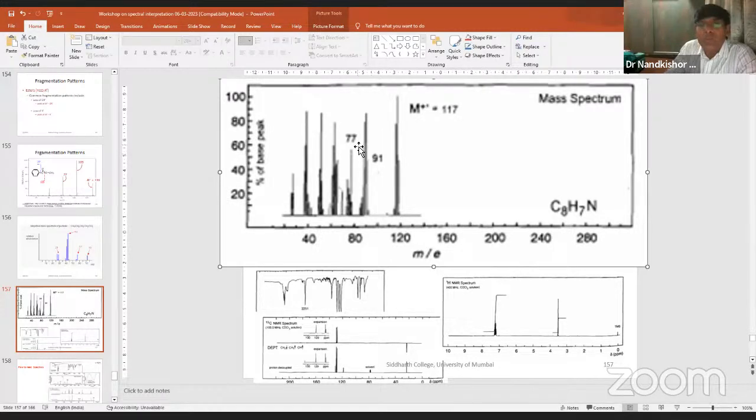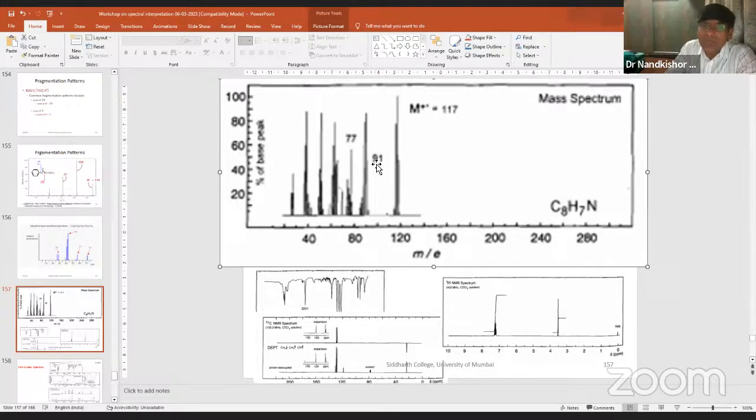There are two prominent peaks, 91 and 77. What does this indicate? There is a presence of the tropylium ion as well as the phenyl cation. So the benzene ring is present as well as the benzyl group, and the rest of the molecular weight is this.